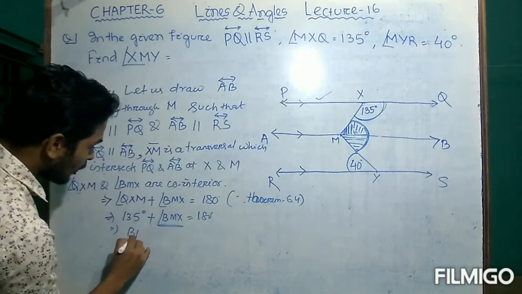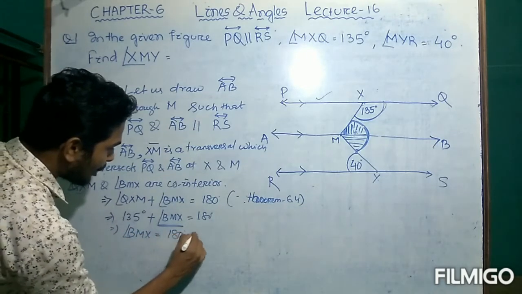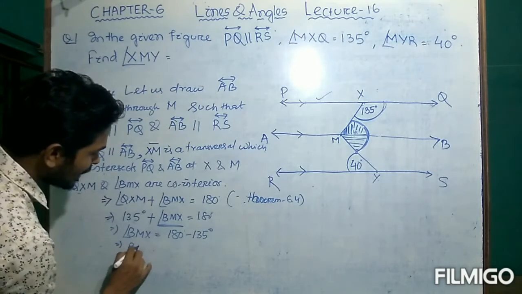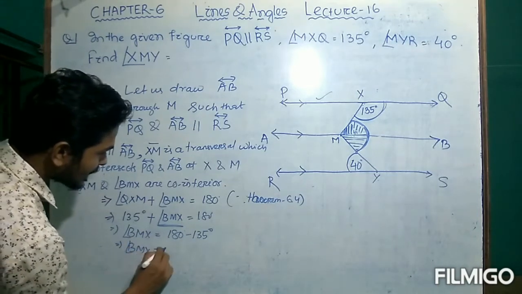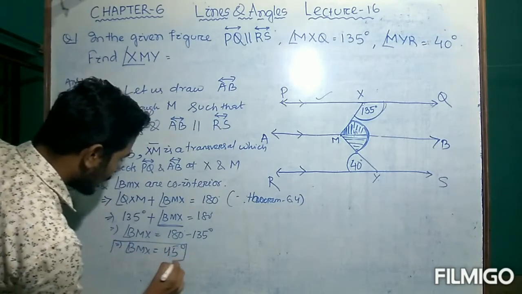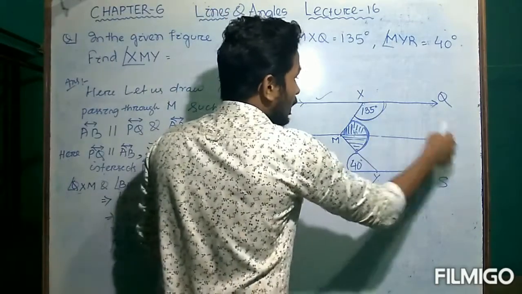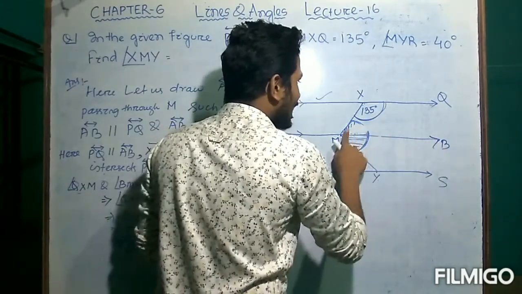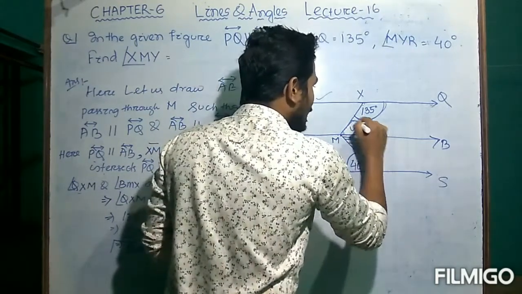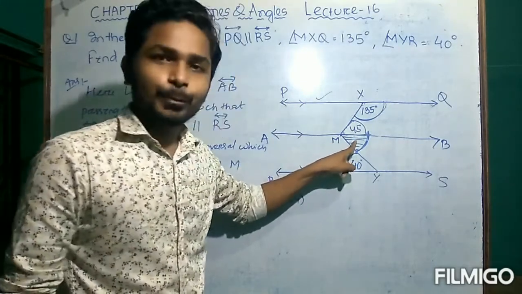BMX is an unknown value, so we have to find it. BMX is equal to 180 degrees minus 135 degrees. Hence BMX is equal to 45 degrees. So we find that this angle is 45 degrees.